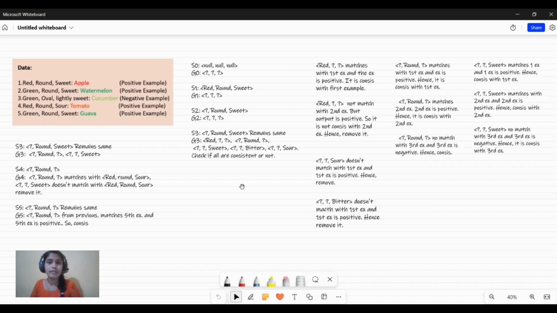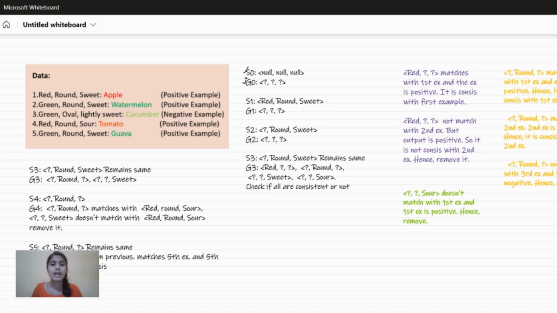First of all, we will initialize the most specific hypothesis and the most general hypothesis. The specific hypothesis is initialized with null, that means it is not accepting any values, and the general hypothesis is initialized with question marks in its attributes because it is accepting all the values.